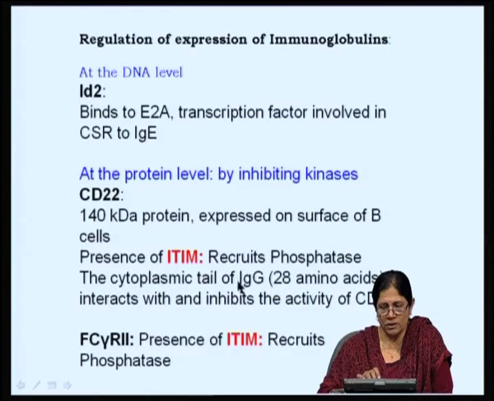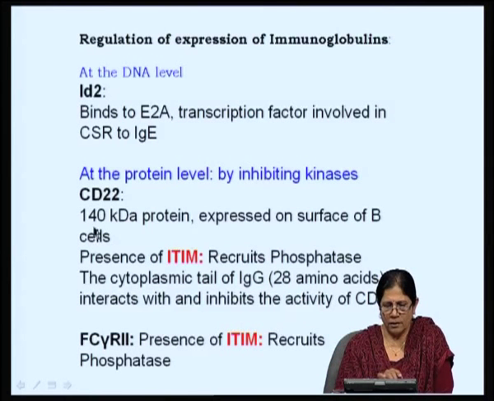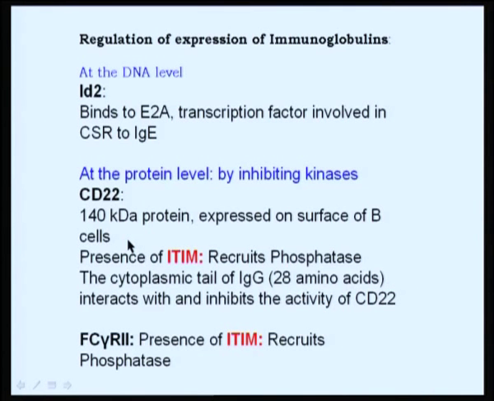But what does this 28 amino acid do? It interacts with the CD22 phosphatase molecule intracellularly and inhibits the activation of the CD22, thereby inhibiting the ITIM and thereby inhibiting the phosphatase.